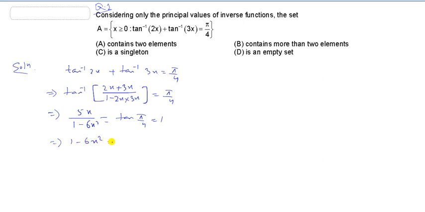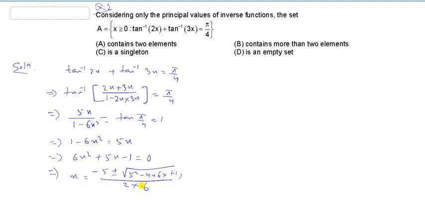1 minus 6x square equals 5x, or I get 6x square plus 5x minus 1 equals 0. Now here I get x equals minus 5 plus minus root over 5 square minus 4 into 6 into minus 1, divided by twice into 6.